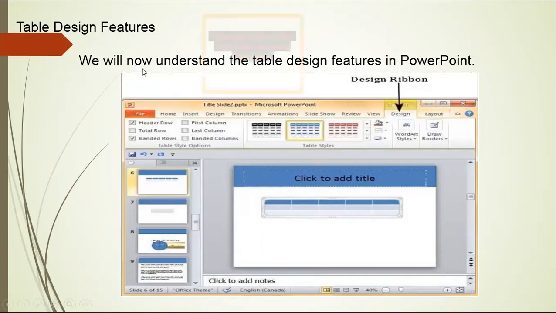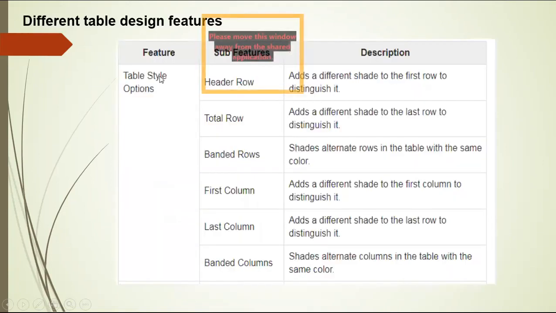Okay, you will now understand the table design features in PowerPoint. So meron tayong table style options. Sub menu, yan. Header row, total row, banded rows, first column, last column, and banded columns. Header row adds a different shade to the first row to distinguish it. And the total row adds a different shade to the last row to distinguish it.